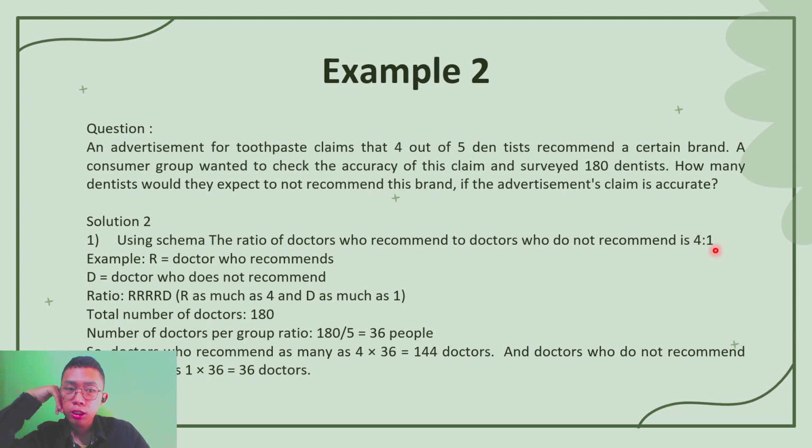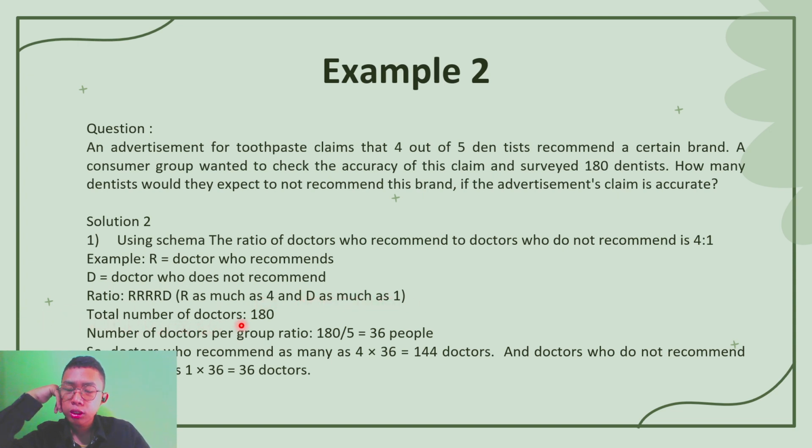So 4 out of 5 is 4 to 1, because the 4 out of 5 dentists. Explain R is the doctors who recommended. D is the doctors who do not recommend it. The ratio is 4R and 1D. R as much as 4 and D as much as 1.